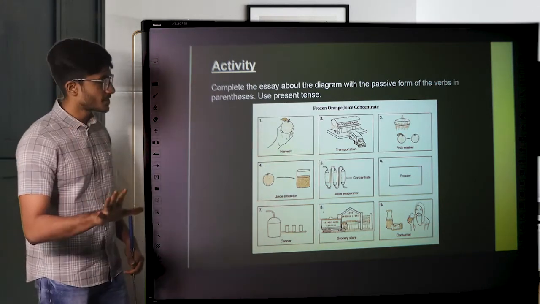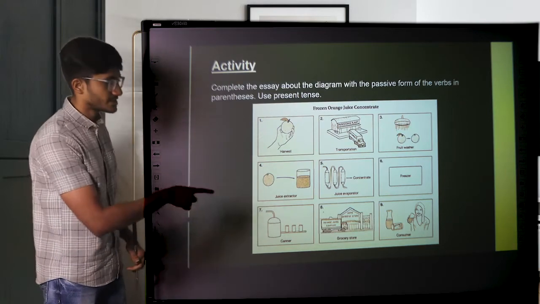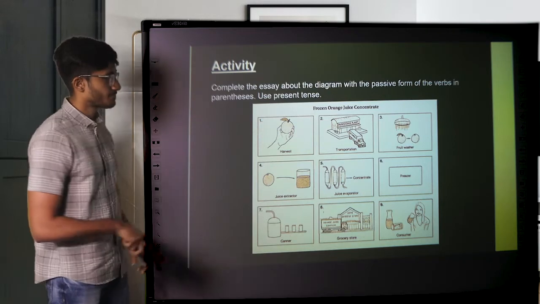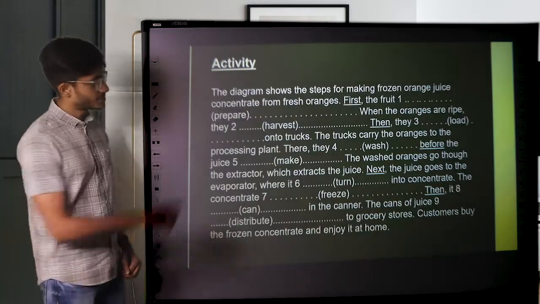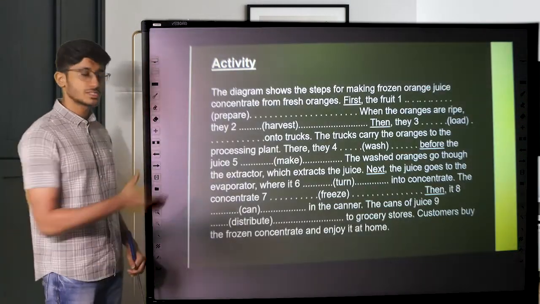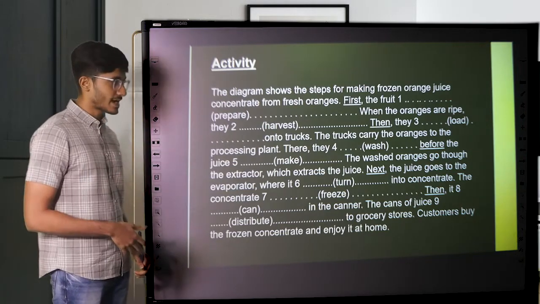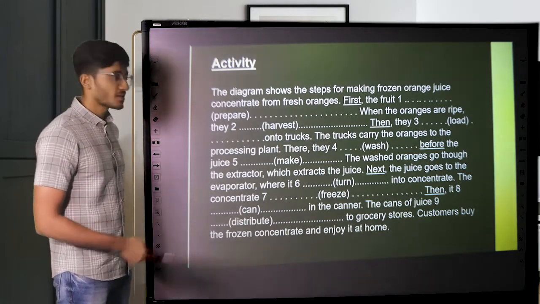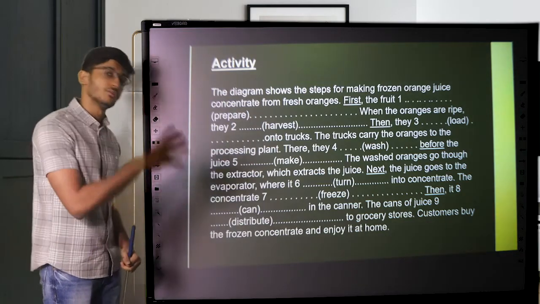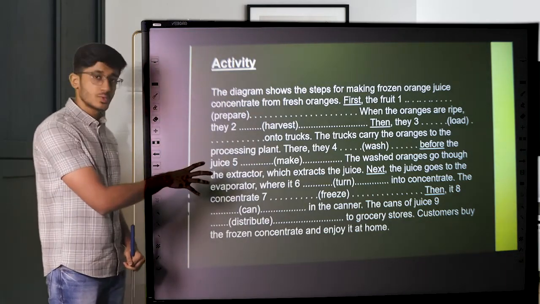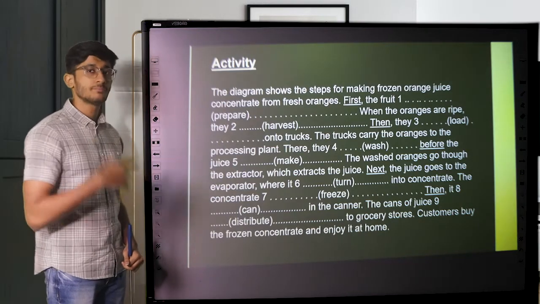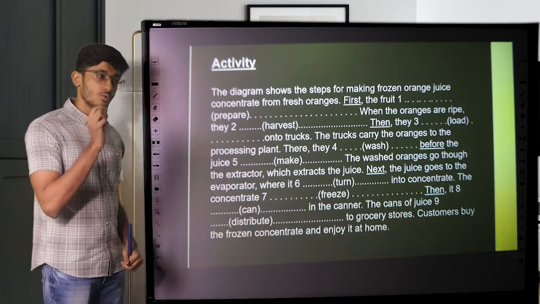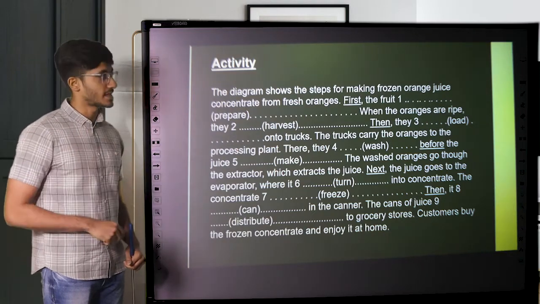Pause the video here, look at each step, then start doing it orally, or you can just do it orally without looking at the diagram as well, because all the sentences are structured. You just need to fit in the words. But when you look at the diagram and do this one, it's going to help you understand better, and you're going to be able to write more effectively during your exam.